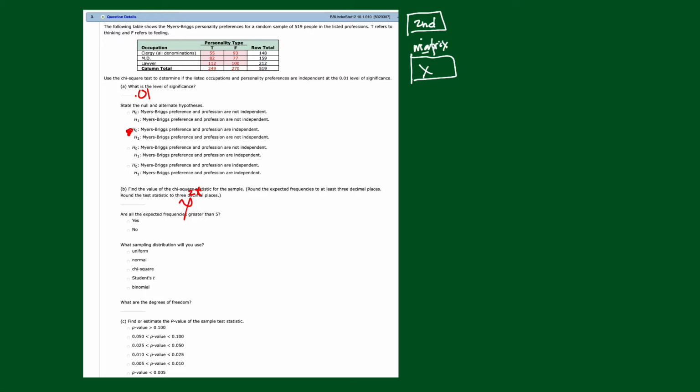So you press second, matrix, and because we're going to enter information, we're going to arrow over to the edit key, and what you see is 1, matrix A, 2, matrix B, and it goes all the way down to 7, at least on mine, all the way to matrix G. So there's a bunch of matrices that we can put in here.